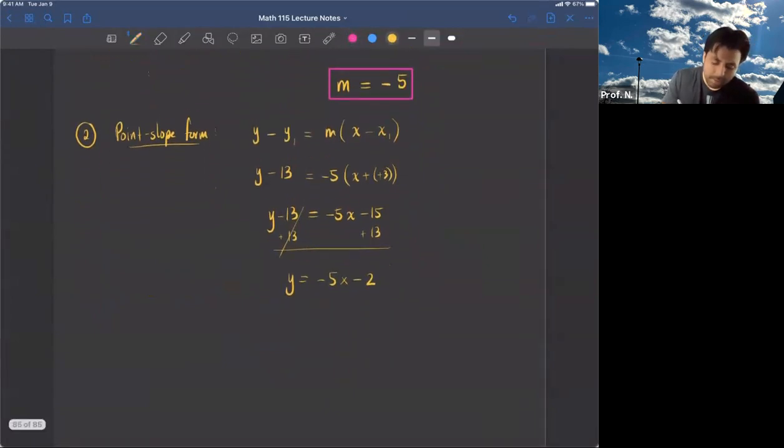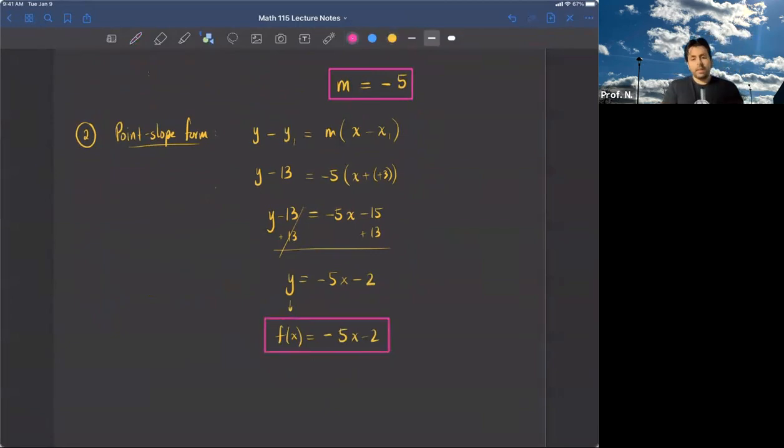And of course, I'm going to replace the y with f of x because this is function notation. And this would be my final answer: f of x is equal to negative 5x minus 2.